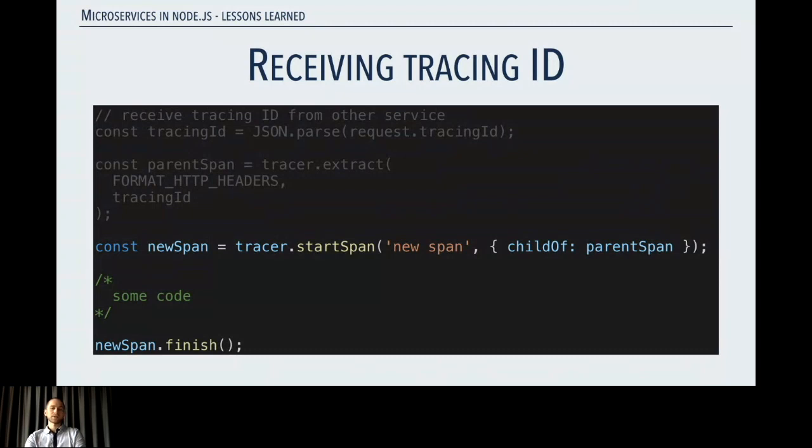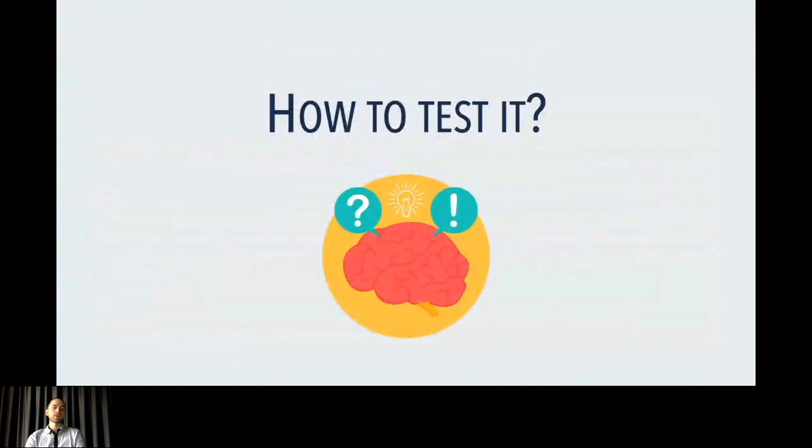Okay, tracing can actually give us a lot of information about what's wrong in our system, but it's actually a better idea to write some tests and to avoid those problematic situations if we can.